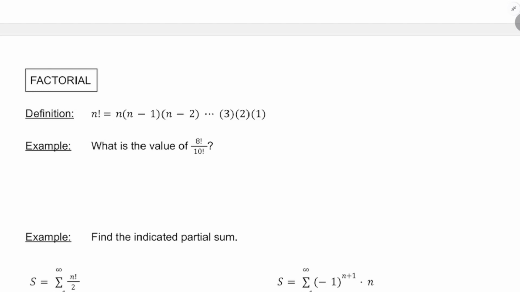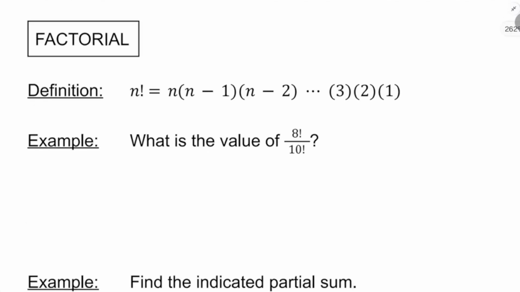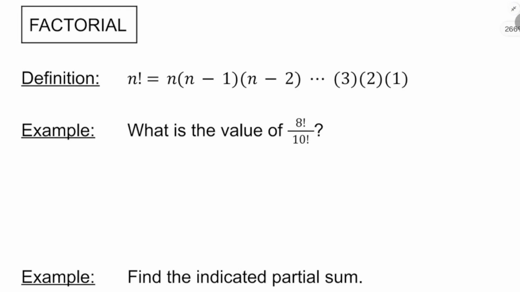What can frequently happen in math problems is we need to divide one factorial by another, and they cancel off really nicely, oftentimes. So if we need the value of 8 factorial divided by 10 factorial, I'm going to write out 8 factorial as 8 times 7 times 6 times 5 times, down to 2 and 1.